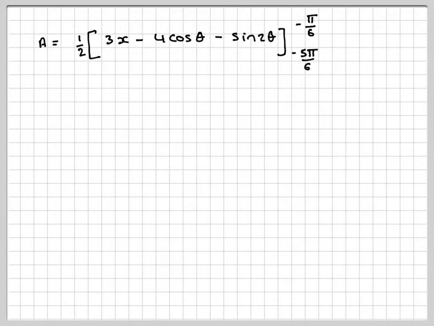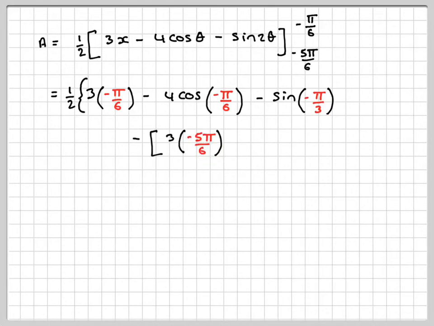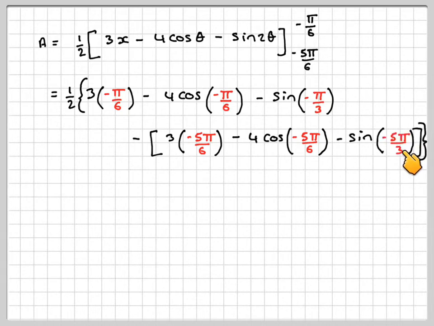Right, now you need to be really, really careful when you substitute in and do quite a few steps rather than trying to jump straight to the answer. So we've got a half of brackets of 3 times minus pi by 6, minus 4 cos minus pi by 6, minus sine minus pi by 3, minus 3 times minus 5 pi by 6, minus 4 cos minus 5 pi by 6, and when we multiply this one by 2, we get sine of minus 5 pi over 3.